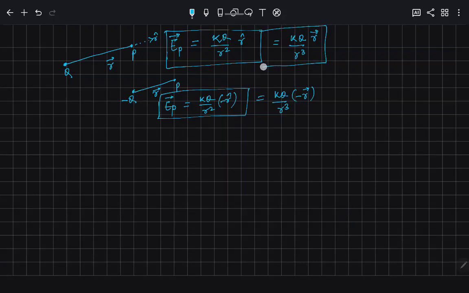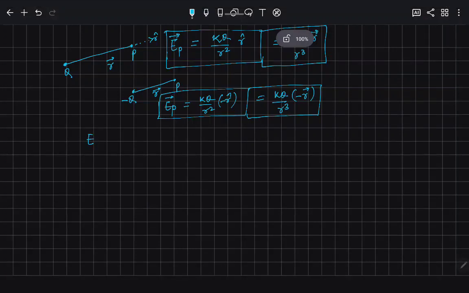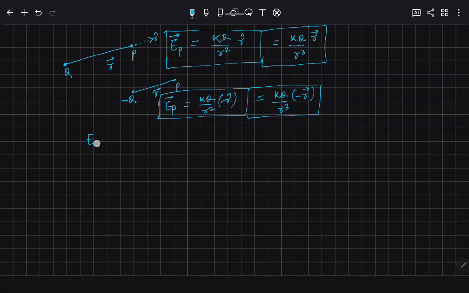Okay, this thing you have to keep in your mind. R vector is the vector from Q to P. Depending on it, we will do one problem, then that will be clear to you. One more thing I want to tell. So the electric field magnitude basically is equal to KQ by R square, right?